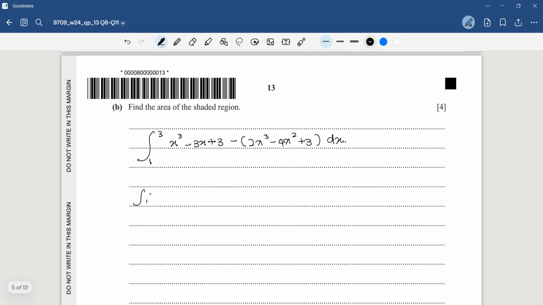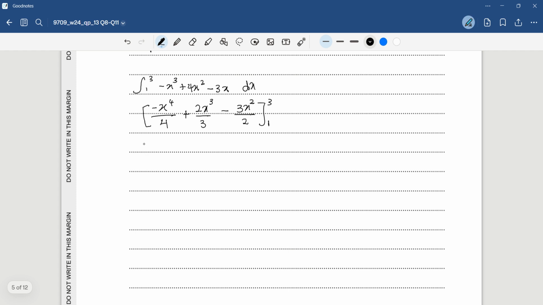So x³ − 2x³ is negative x³, and then plus 4x² minus 3x, and the constant is 0, dx. So you integrate this: it will be negative x⁴ over 4 plus 4x³ over 3 minus 3x² over 2, from 1 to 3.